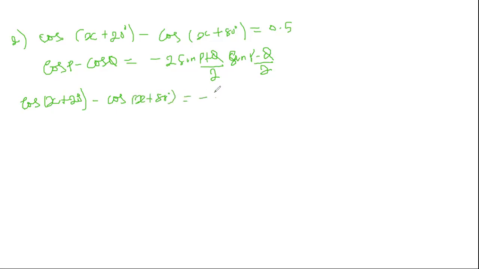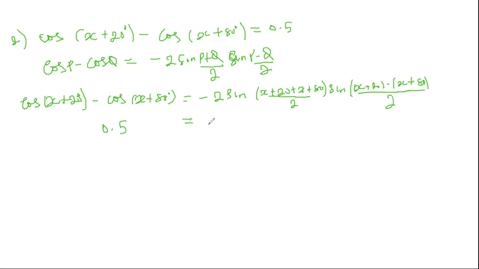So this is going to give us negative 2 sine of (x plus 20 plus x plus 80) divided by 2, then also sine of (x plus 20 minus x plus 80) divided by 2. So 0.5 is equal to this.